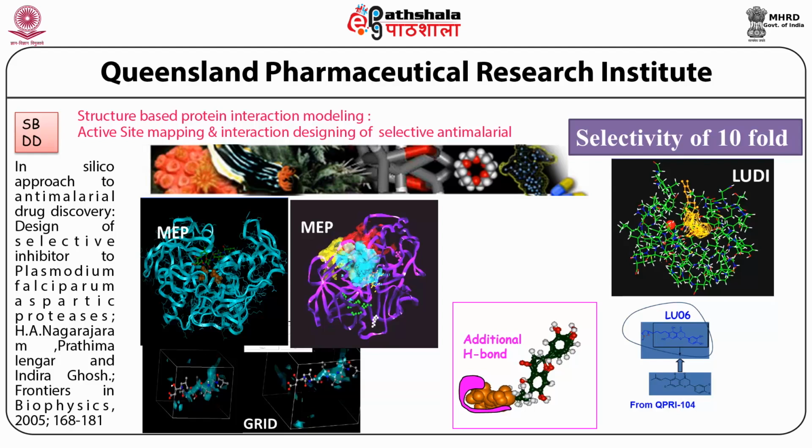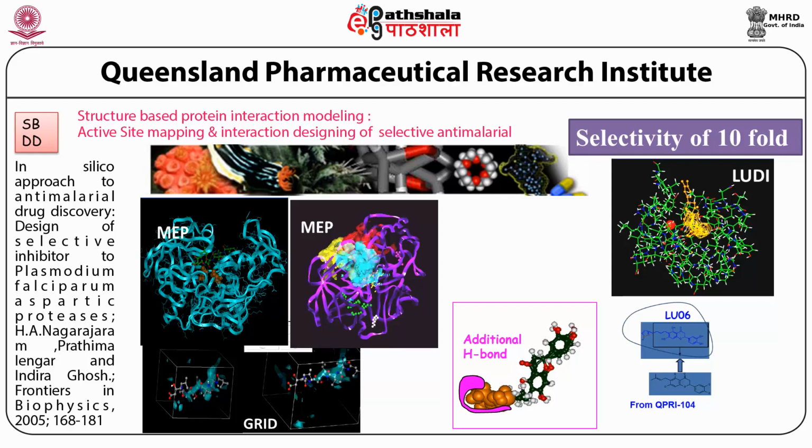The top picture shows how many trials we have done. Many of those small mesh-like structures on Ludi show that many of them have been tried. So we got the selectivity, and it was 10-fold more. We not only lowered the enzyme activity with the acid protease, PLF, but we figured out that this particular hydrogen bond cannot be formed in the corresponding human acid proteases, which don't even have enough space for a snug fit.